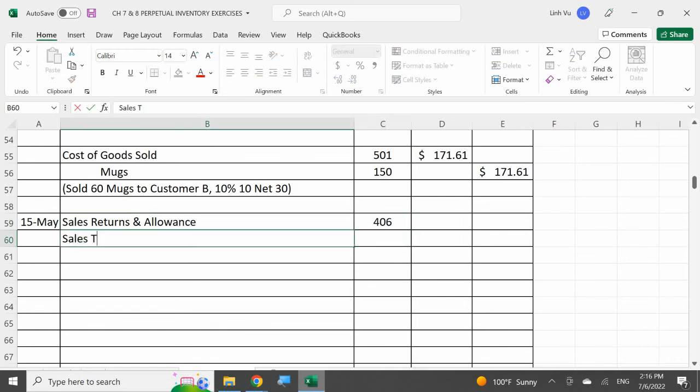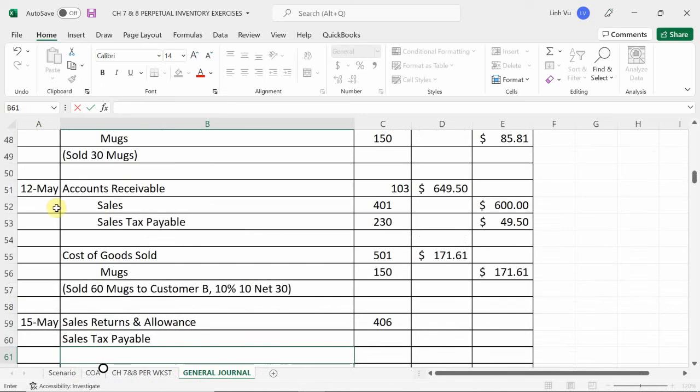So sales tax payable. And because customer B never paid, right? So we need to find a way to reduce their accounts payable. Now, in this case, accounts receivable. We originally charged on their account, so we increased it by debiting the account.